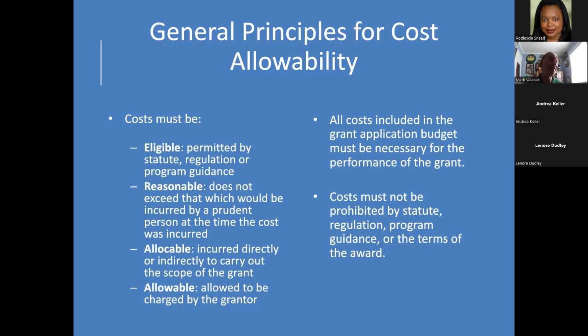It also needs to be allowable, so something that's allowed to be charged by the grantor. And different granting entities will have different kinds of guidelines in terms of what they do allow you to charge to their grants. One of the things, for example, that you have to understand is exactly what are allowable costs.